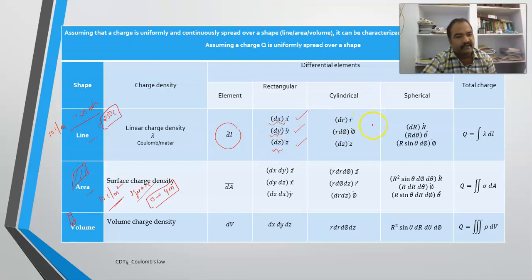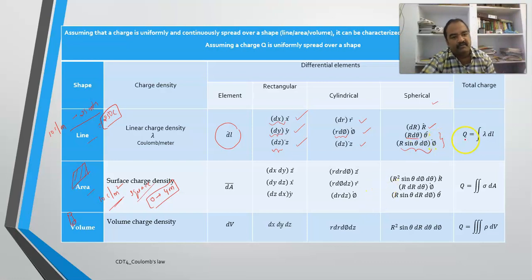In case of cylindrical, I'll take r, phi, z. You know that phi doesn't have a dimension like meters, so to make it uniform, I'll take r d phi. Whereas in case of spherical, only r is of uniform meters type compared to the others. Both of them don't have that meters similarity. So I'll use r d theta, and for phi, I'll go with r sin theta d phi.